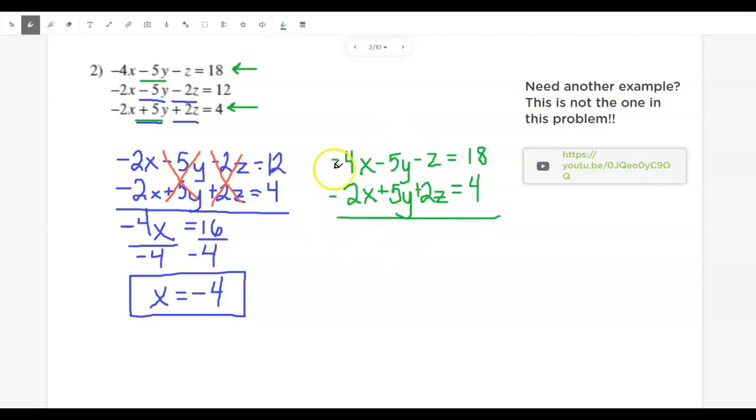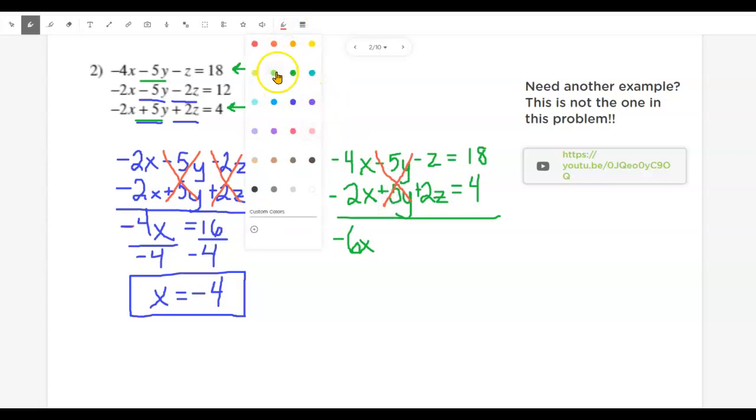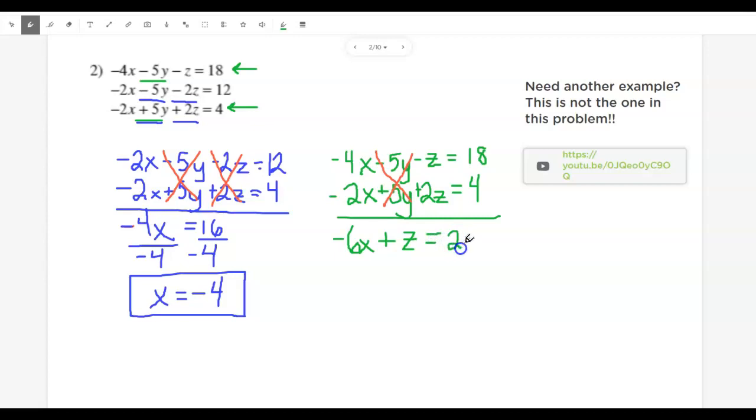So we're going to add these together. That'd be negative 6x. Our 5y's cancel because they're opposites. Then negative z plus 2z is plus z equals 22.